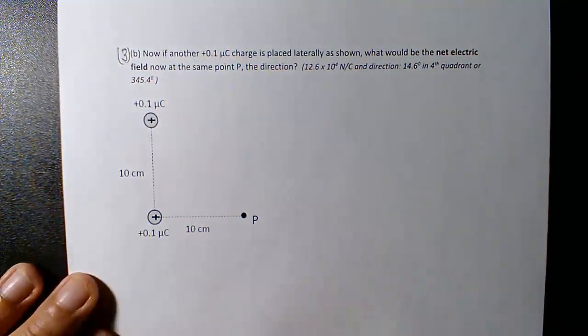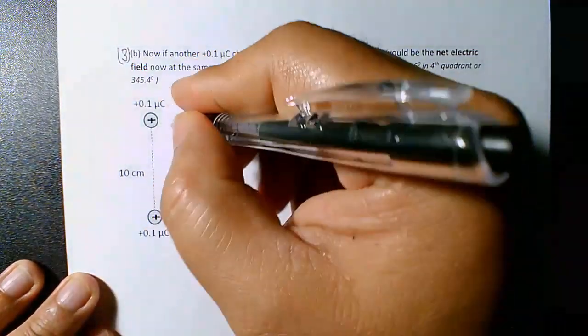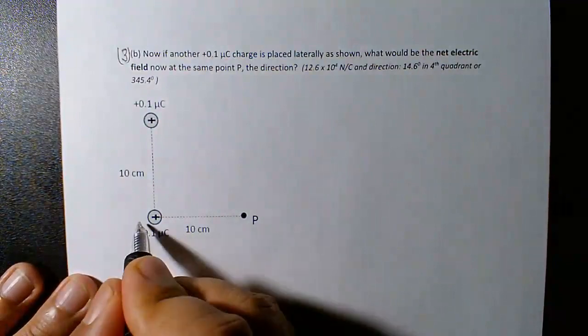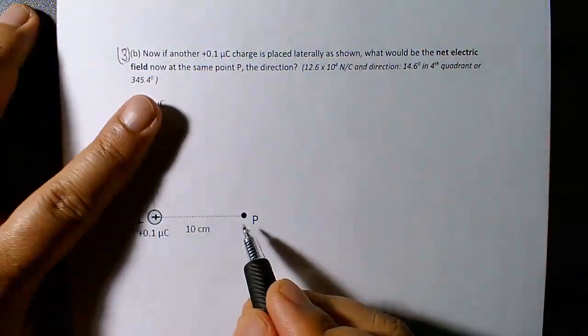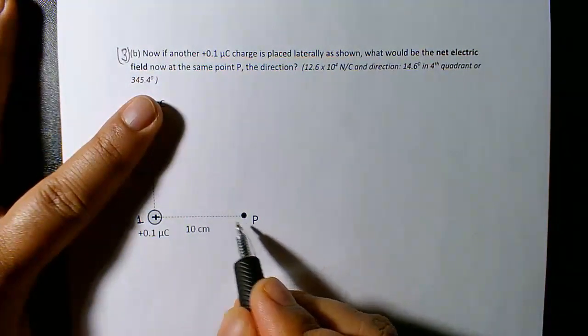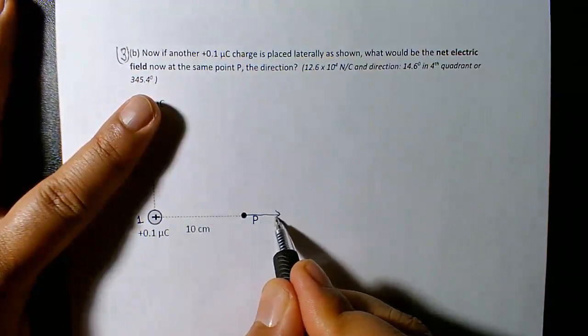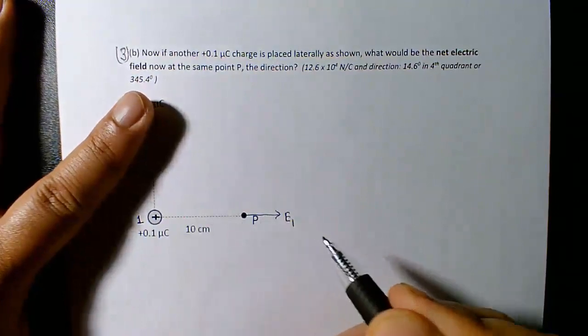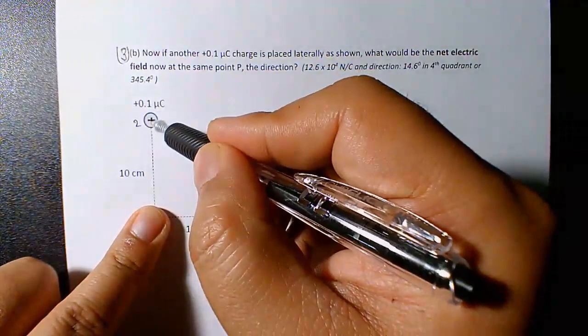Now first, the rule is you need to draw the electric field vectors, because let's say this is charge number 1, and let's say this is charge number 2. So at point P, what will be the electric field produced by charge 1? Since this is a positive charge, it is away from the charge. Let's say this is E1, right? And what's the electric field due to charge number 2 at the same point?